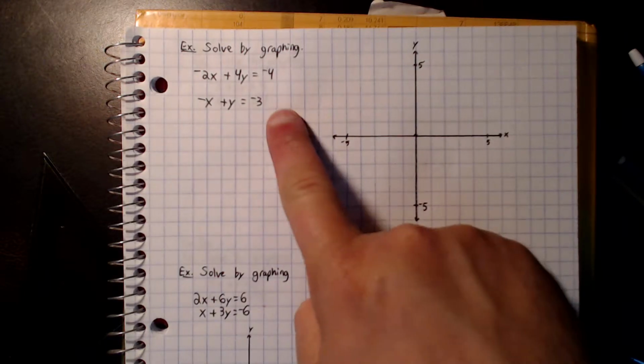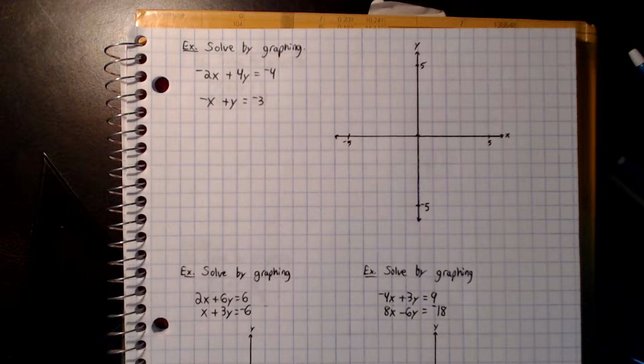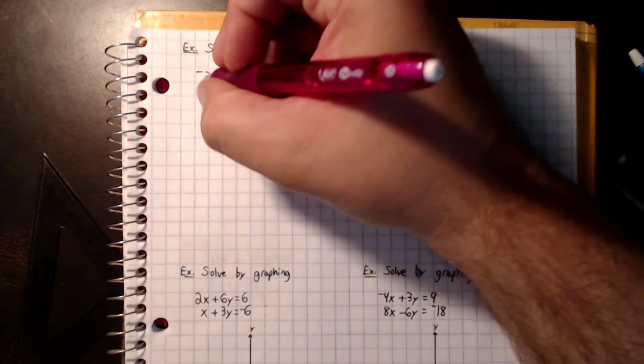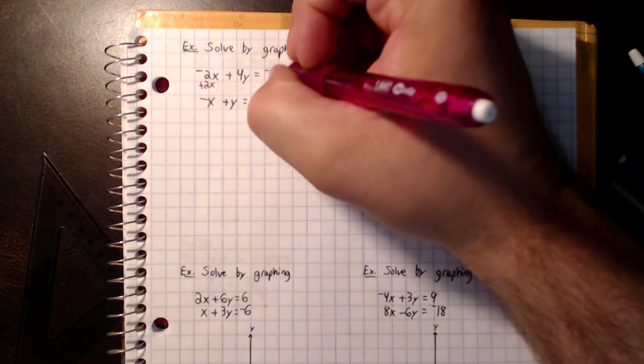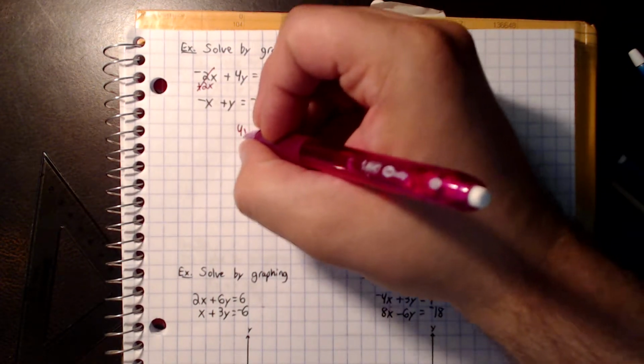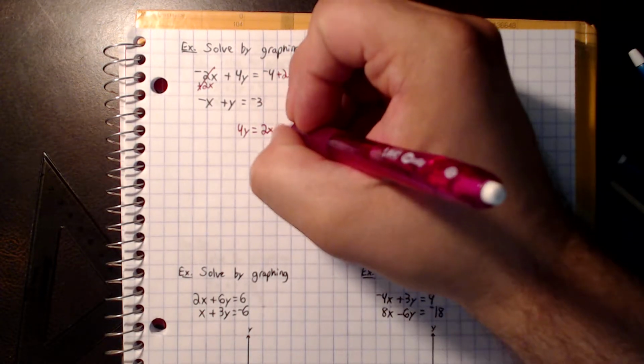If you want to take another second to write these down, I have another 6x6 coordinate plane. Again, we're going to want to isolate y. So I'm going to add 2x to both sides. I'm going to rewrite over here for y equals, I like to put my x first, then my constant.